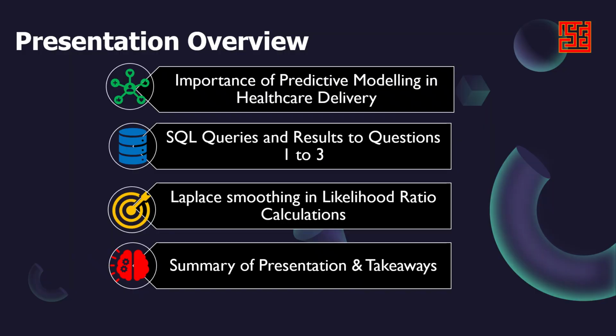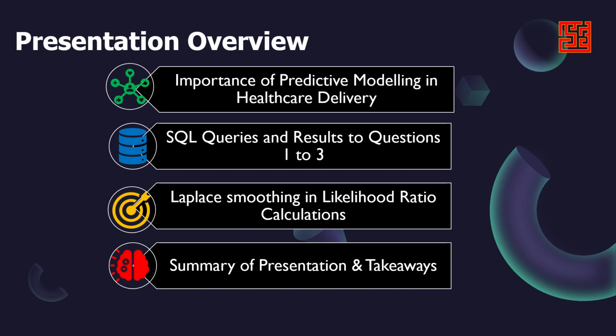Our main aim in this presentation is to show the importance of predictive modeling in healthcare delivery and use this week's Module 7 assignment questions to run SQL queries and answer the first three questions, which ask us to set aside 80% of the data from the DBO.final database as the training data set, and 20% as the validation data set.